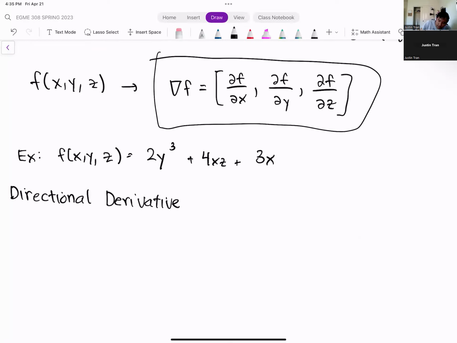Okay. The idea with the directional derivative is that when you have functions that depend on multiple variables, sometimes you're interested in what's the rate of change of the function in an arbitrary direction.